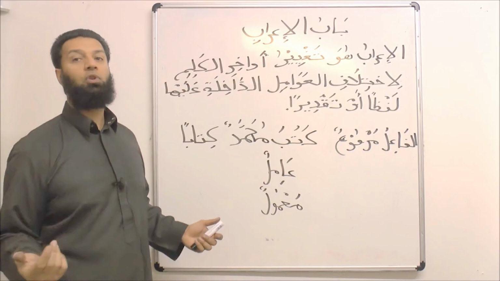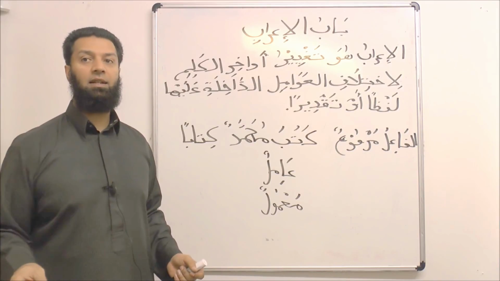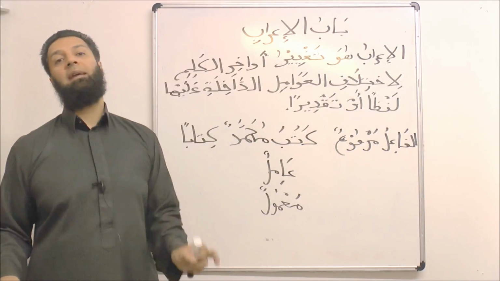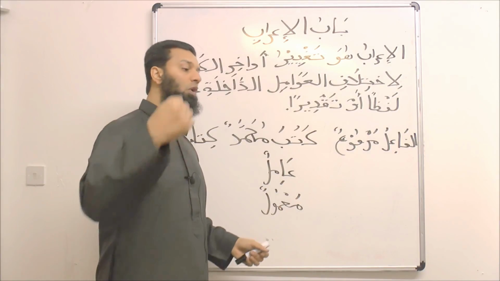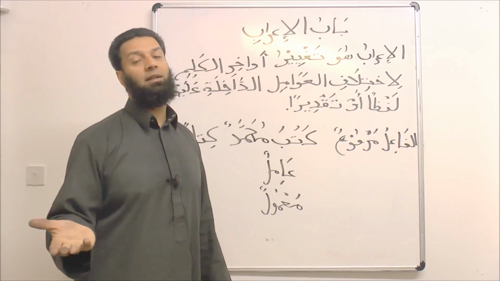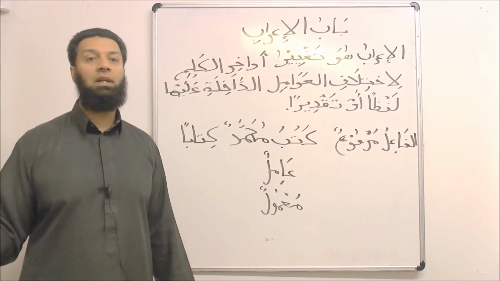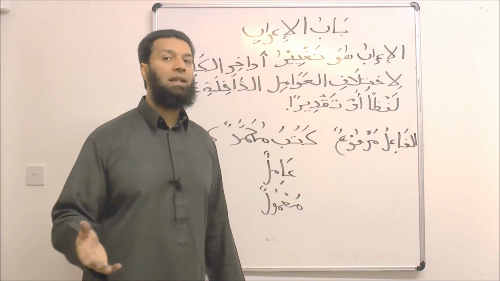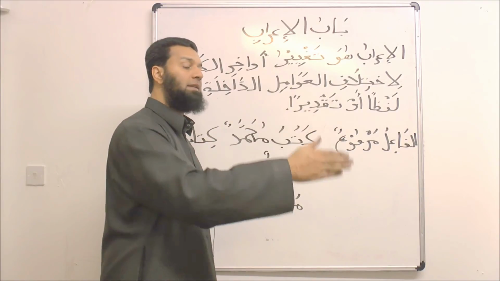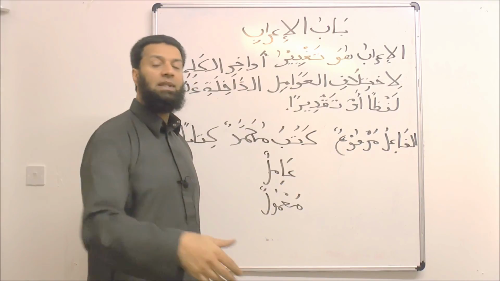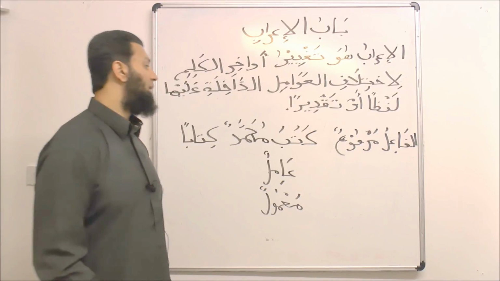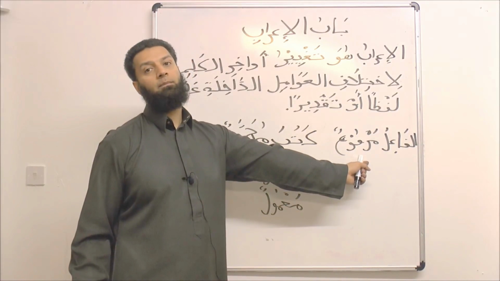So I asked you to translate that sentence, Muhammad wrote a book. Who is the one who performed that action of writing? Muhammad. What action are they performing? Writing. So the writing compels a person to perform it. The one who performs it is called the fa'ilun, and the fa'ilun is always marfu'un.